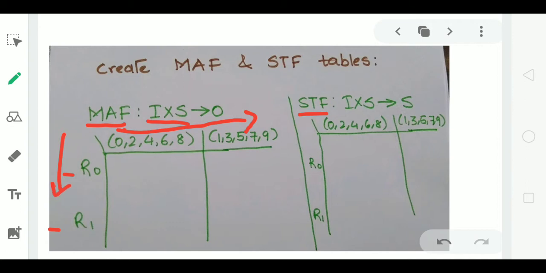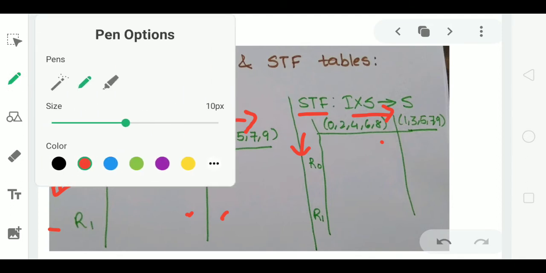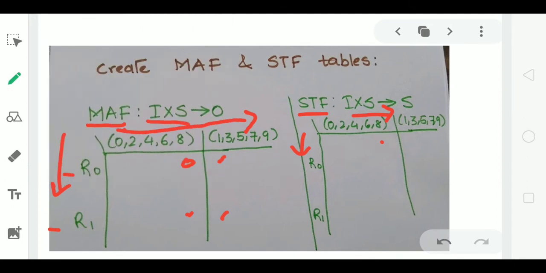Now in these cells we are going to write down the output in the case of the machine function, whereas the state function is similar to the machine function, where the inputs are listed row wise and the states are listed column wise, but in the cells we are going to write down the states. So how will we start? We will start by writing the outputs in the machine function and the states in the state function.